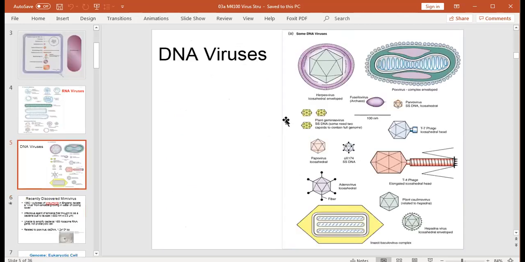Slide number 5 is a similar slide to number 4, a depiction of various DNA viruses, those viruses that their genetic material is DNA. And as we can see, depending on the shape of the outer layer or the capsid of the virus, they can have different shapes.